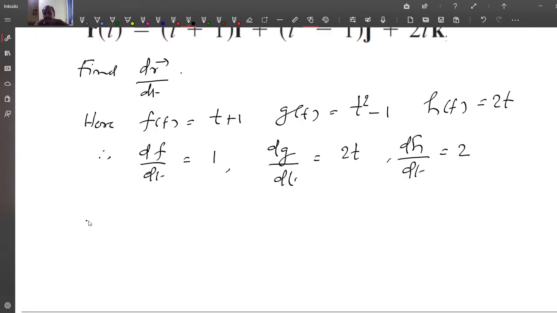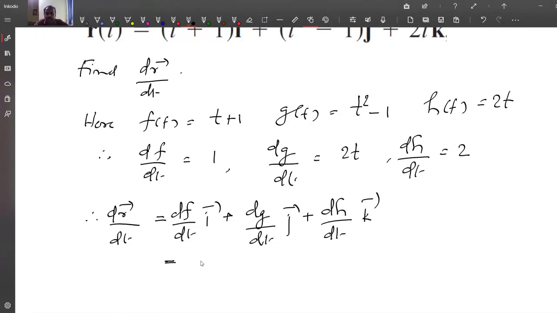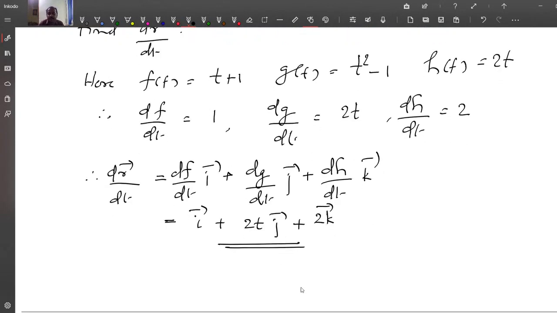Therefore dr by dt is equal to df by dt i plus dg by dt j plus dh by dt k. So that is equal to i plus 2t j plus 2 k. So this is the answer to the problem.